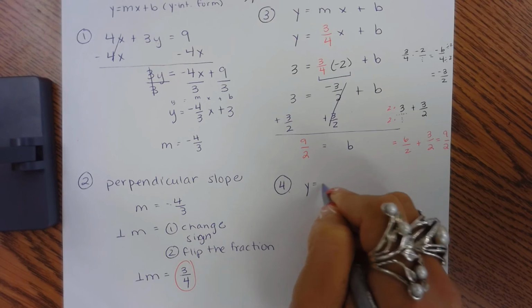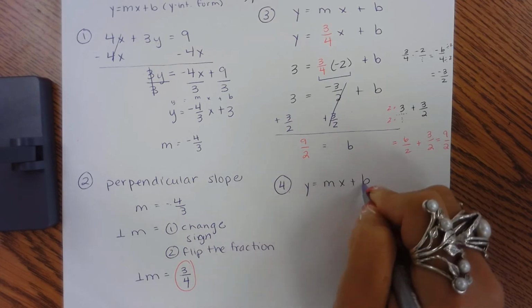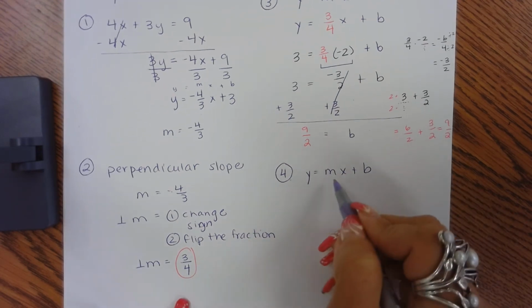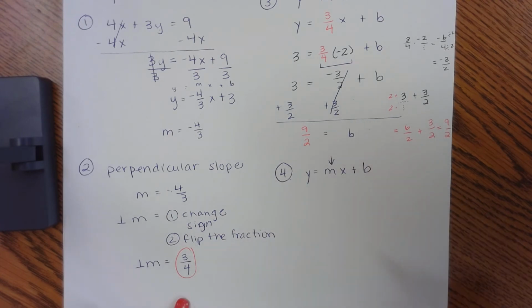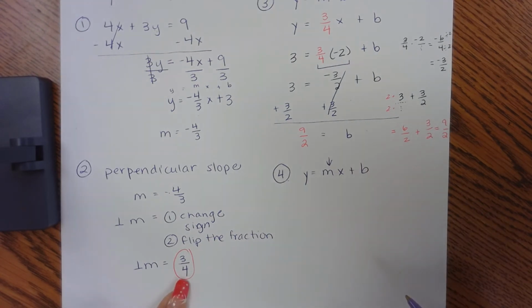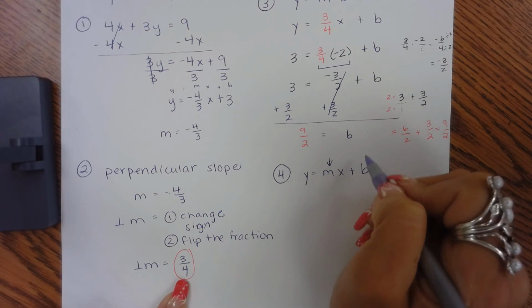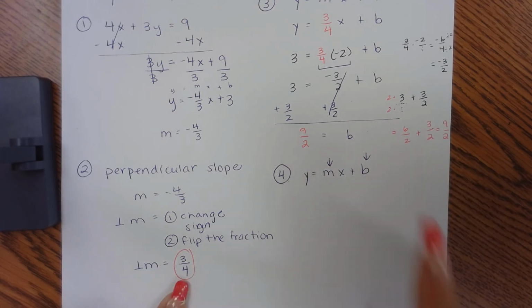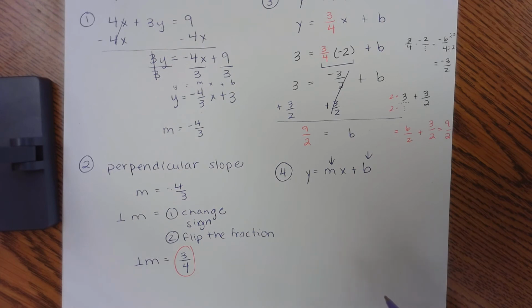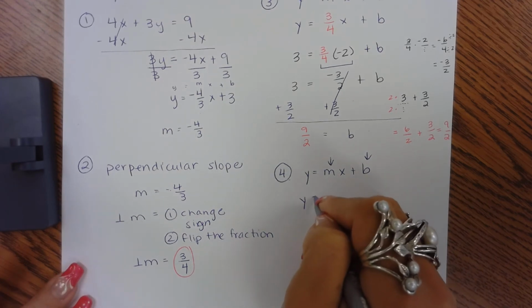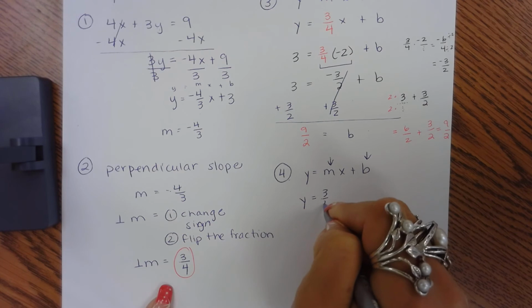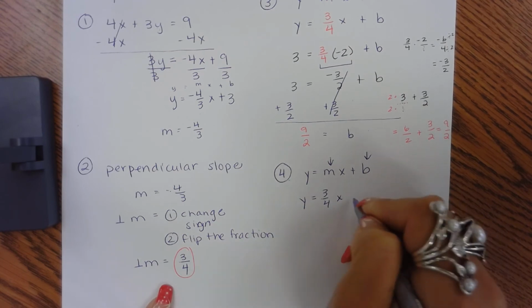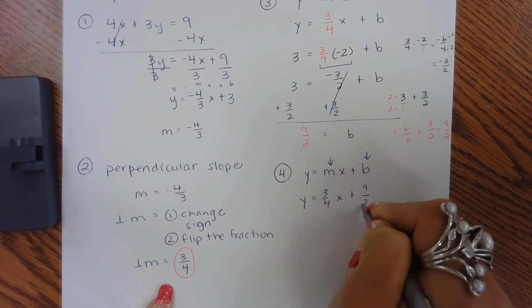If we have y equals mx plus b, we have our new perpendicular slope here. We have our b, or our y-intercept, right here. So we're just going to fill those in. So it's going to be y equals 3/4 x plus 9/2.